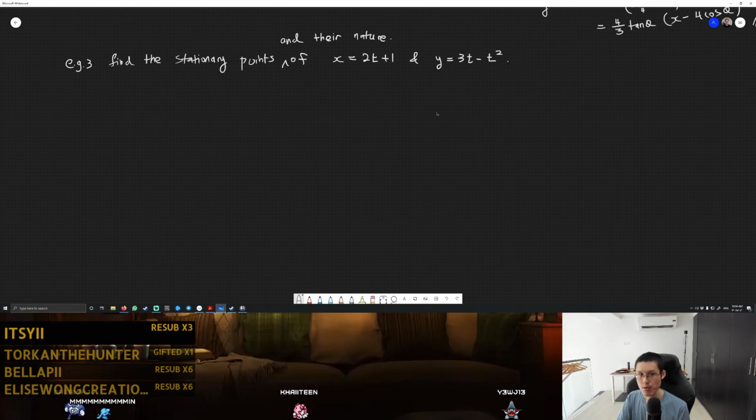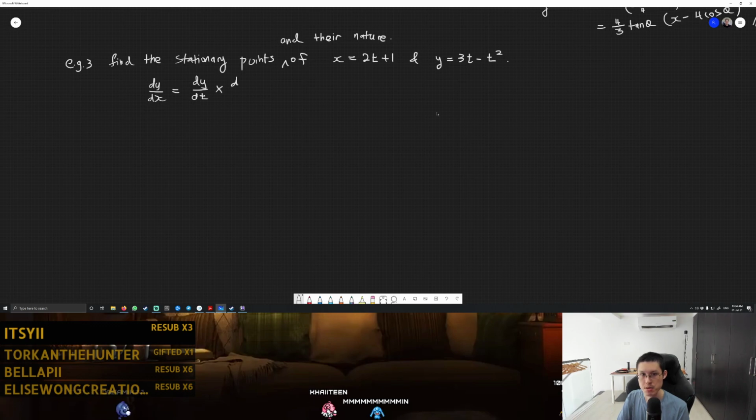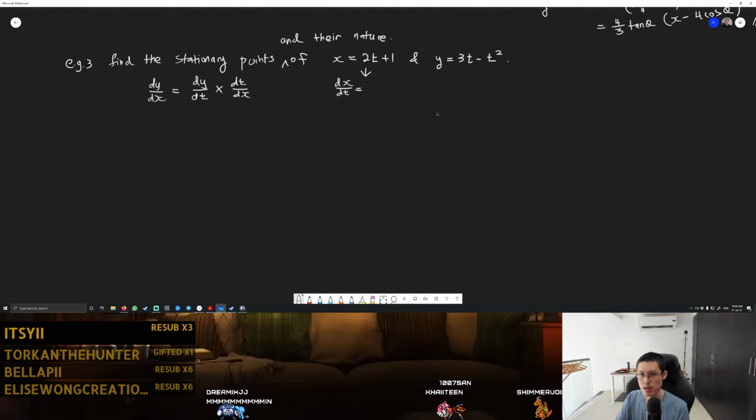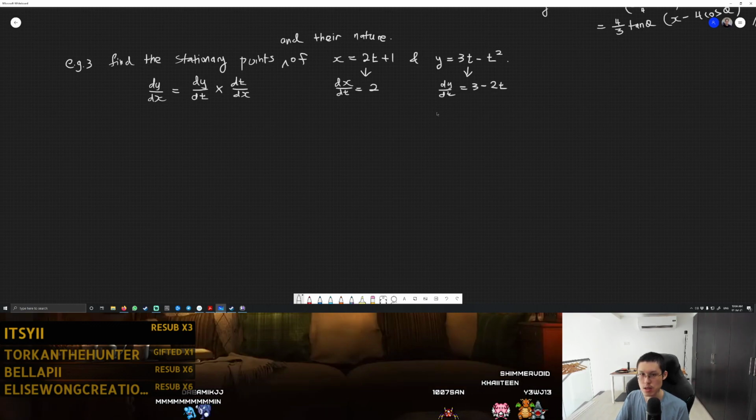Okay, so to find the stationary point, we need to equate dy/dx to 0, right? That's what we have been doing since AS. So first we've got to find dy/dx. Using the chain rule, dy/dx is dy/dt times dt/dx. From this one, dx/dt is 2. From this one, dy/dt is 3 minus 2t. So we're going to chuck that in here.